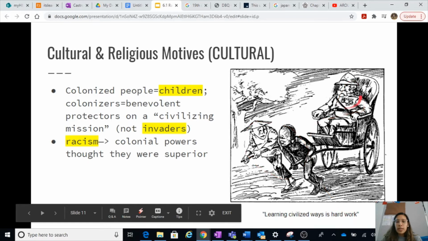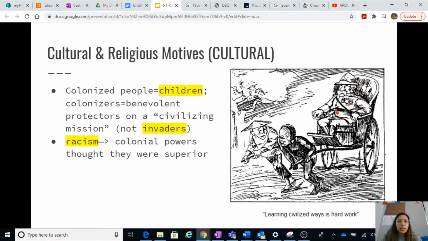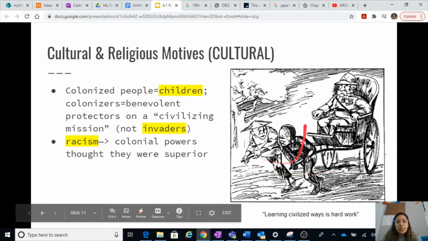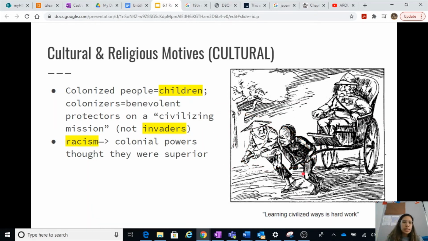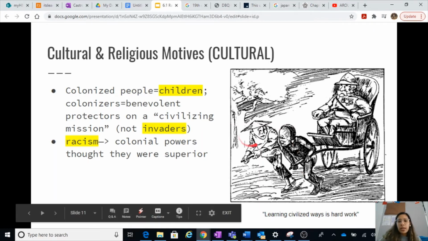This colonial official is saying, I'm civilizing you, but it's going to be seen as another type of slavery. Just like what the Spanish and the Portuguese did with the indigenous people in the Americas, they're going to do a similar thing in this new wave of imperialism.